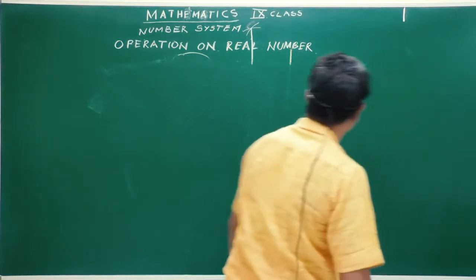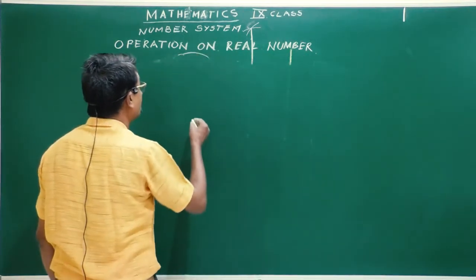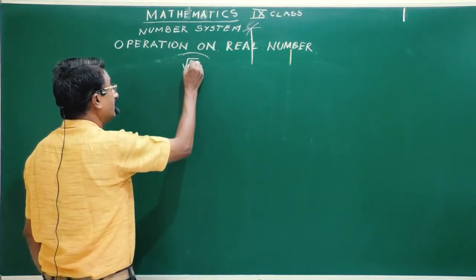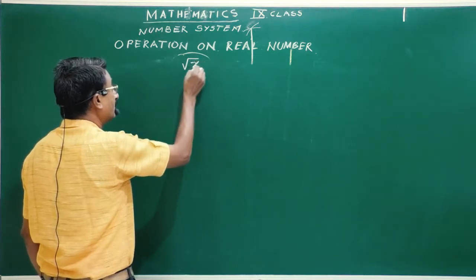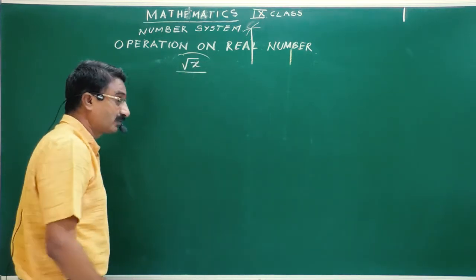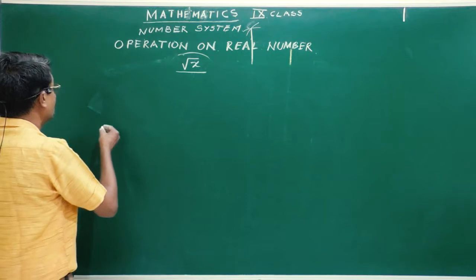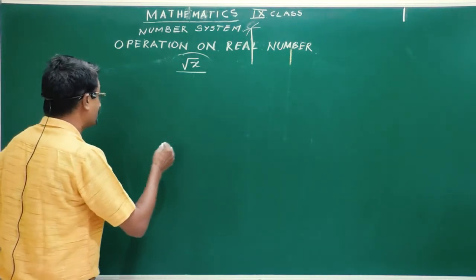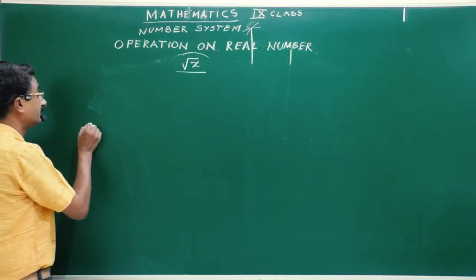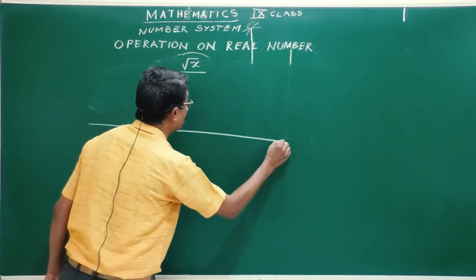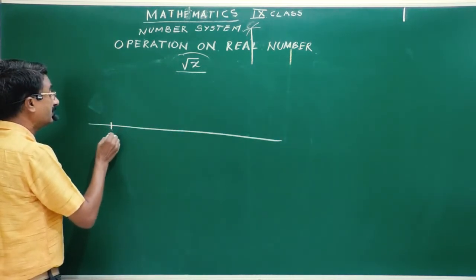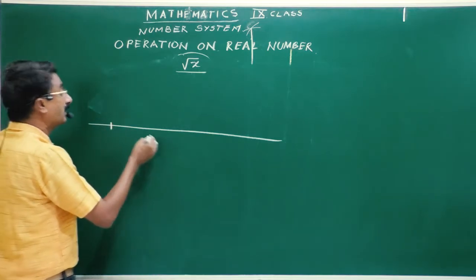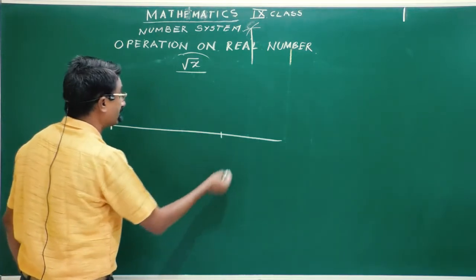So we will prove how this distance is under root x. The process is again the same. From here I am measuring the distance, say this is x.